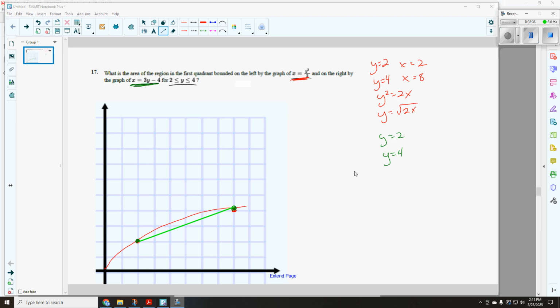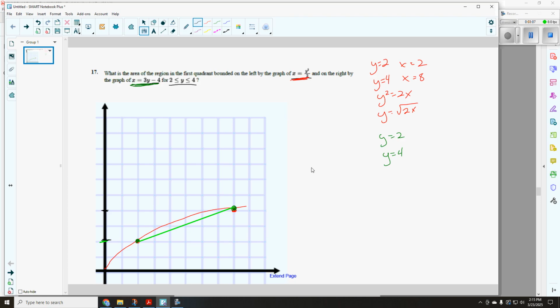Now I'm going to integrate that with respect to the y-axis, right? Because the equations were given in terms of x equals. And I can see that my green line is farther away from the y-axis than my red line. So that's going to be the top, and the red is going to be the bottom.